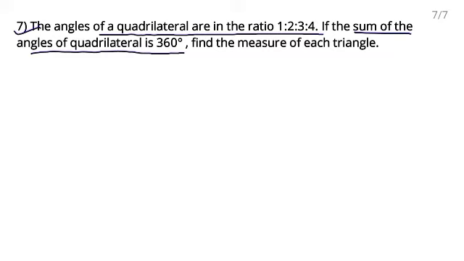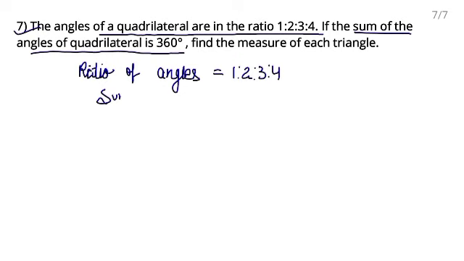So the ratio of angles given is 1:2:3:4. The sum of the ratio is 1 + 2 + 3 + 4.